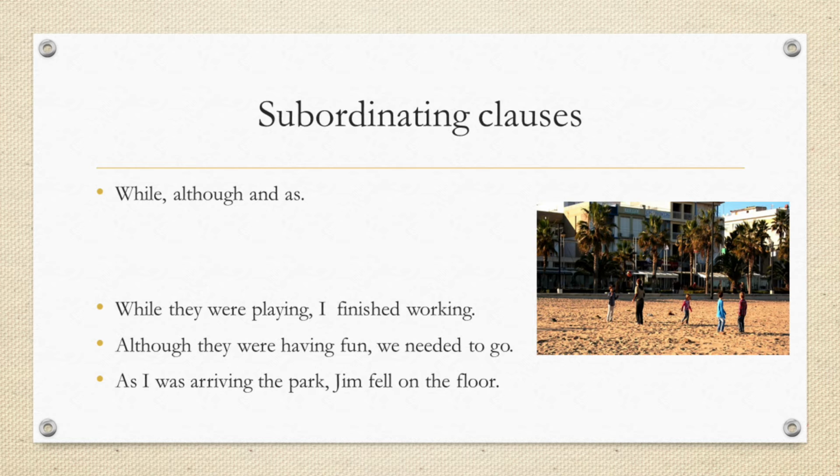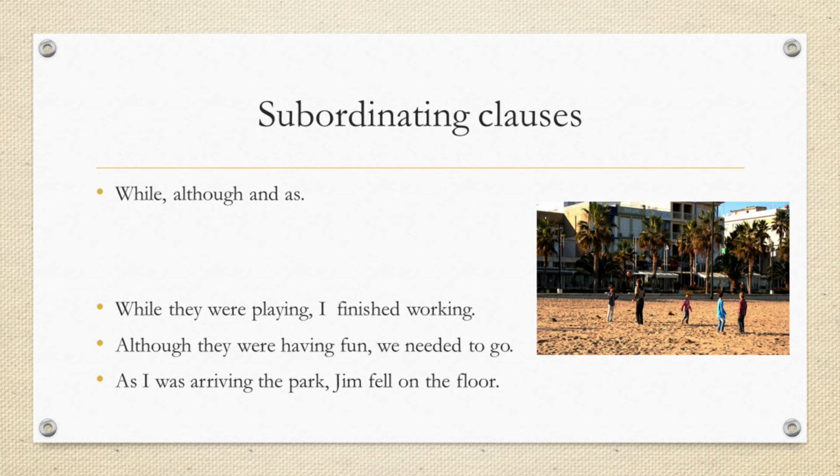Okay, and we're going to talk about subordinating clauses besides when, before, or after. We can also use while, although, and as. So I can say, while they were playing, I finished working. So it's also a situation that finished, it's done, and happened when they were playing or while they were playing. Although they were having fun, we needed to go.